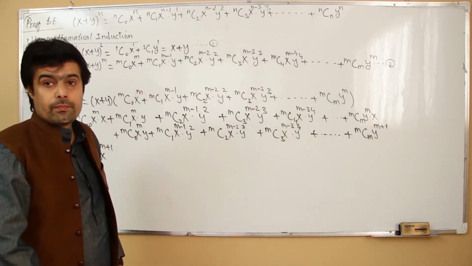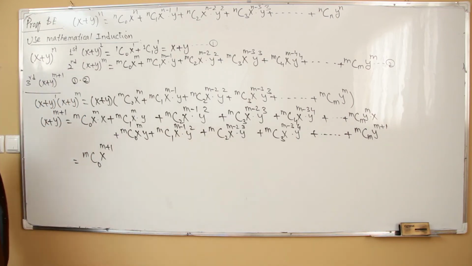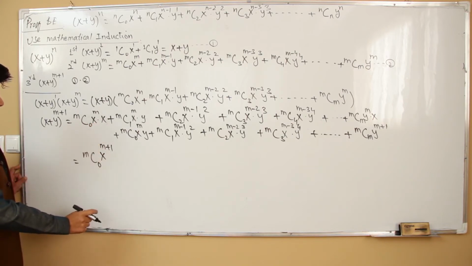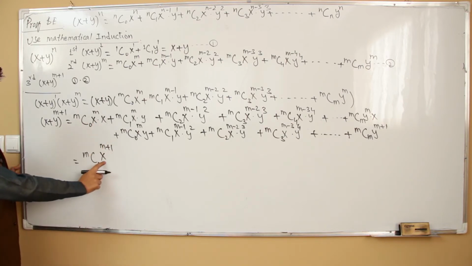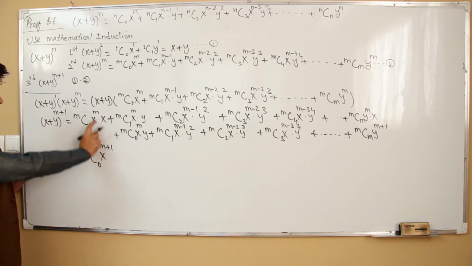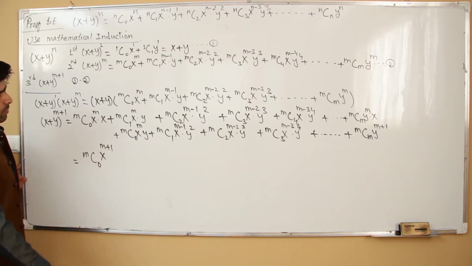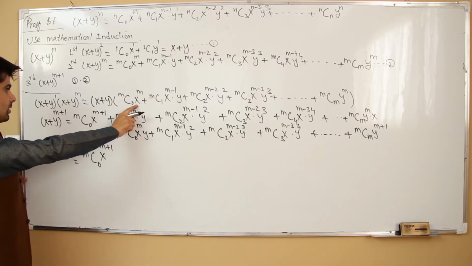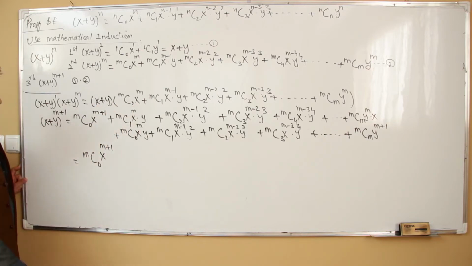Is it right? Yes. Now, this one is this one. The bases are same. m with this one, it's m plus 1. Am I right? Yes. So write it here also. This term multiplied with this one, we can find like this.